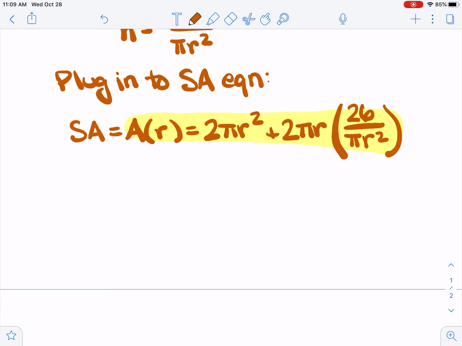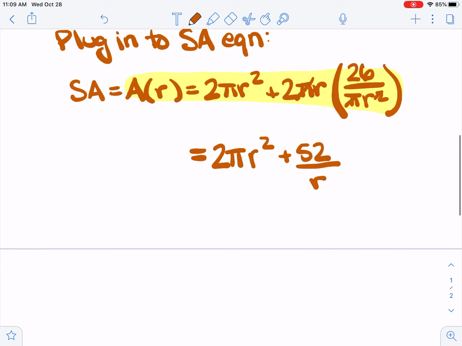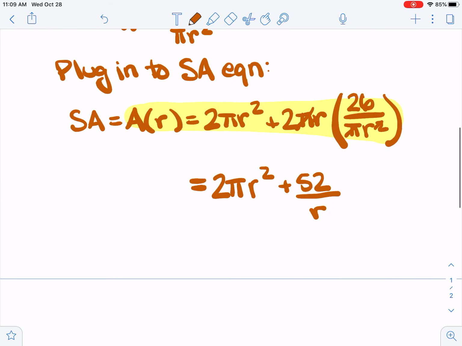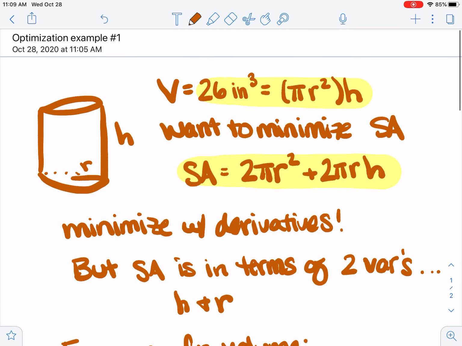So that's our area as a function of the radius. Let's cancel the pi's and cancel one of the r's and get 52 over r. So that's the function. It's a function of one variable. Now, at this point, we've done everything that's new in this section.